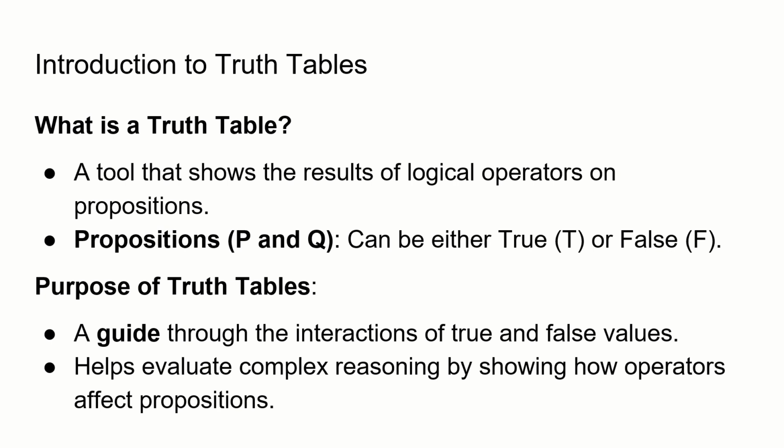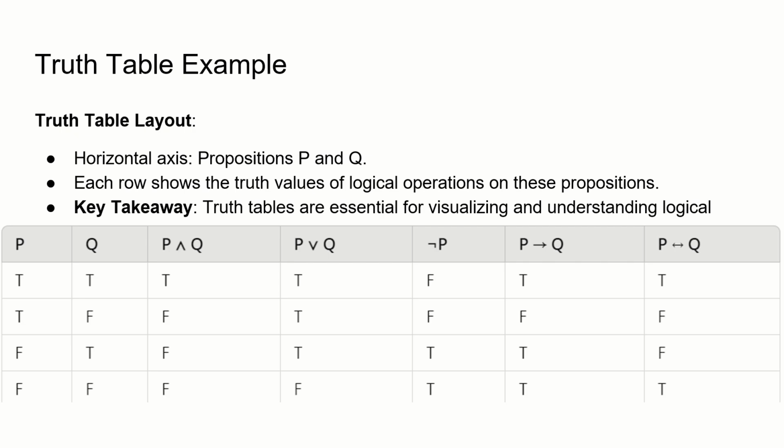So why do we have to use a truth table? Since it's a tool that helps us evaluate complex reasoning by showing how operators affect propositions. So let's take a short look at the truth table.